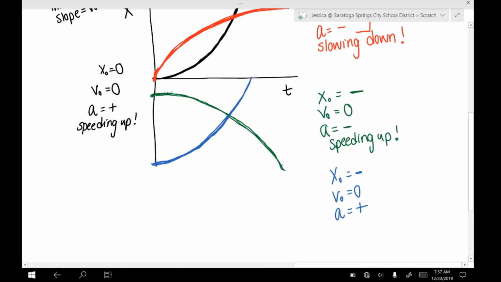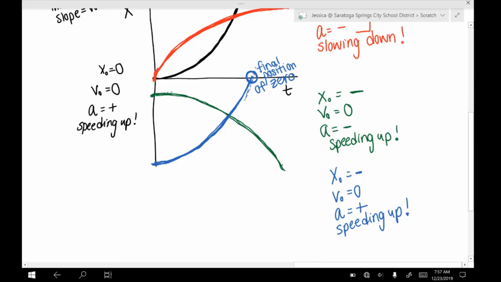And my slopes are getting steeper and steeper as time goes on, so that is also speeding up. Now you might be thinking, how are we speeding up? We end at 0. Remember, this gives us a final position of 0, not a final velocity of 0. If we want to know about velocity, we look at the slope. So we would look at the slope of the line tangent to the curve, so to speak.